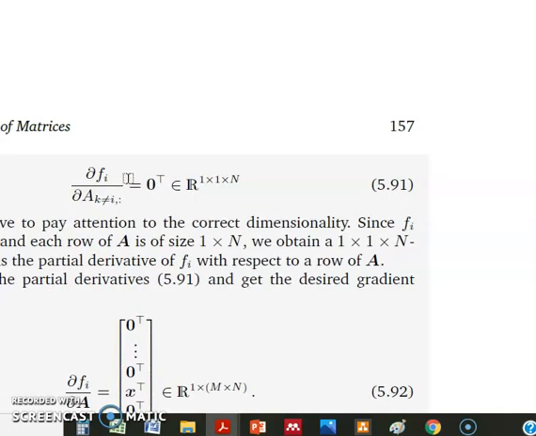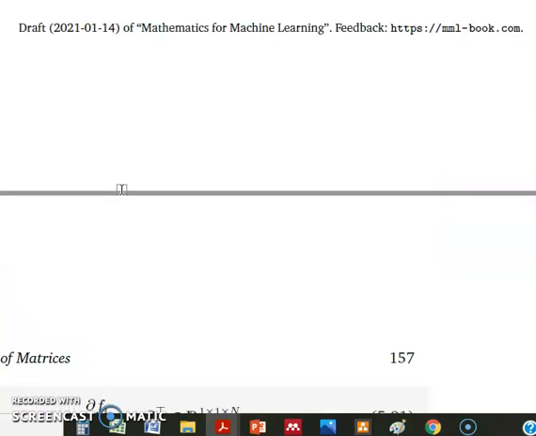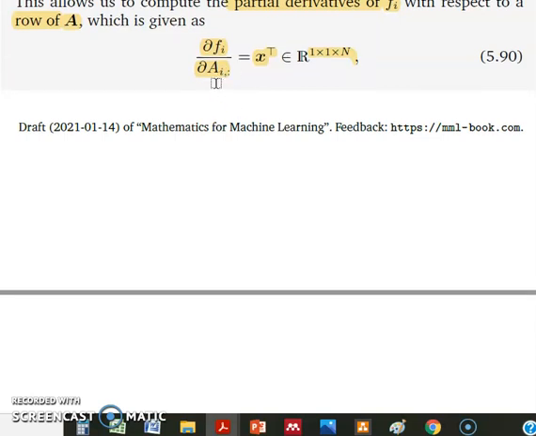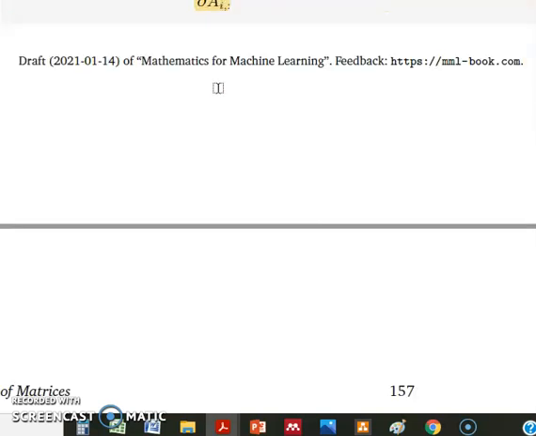So now, we looked at del f_i by del a_i. Now if the same element I does not appear in both the numerator and the denominator, if it is other than this I, the other entries will be taken as 0.